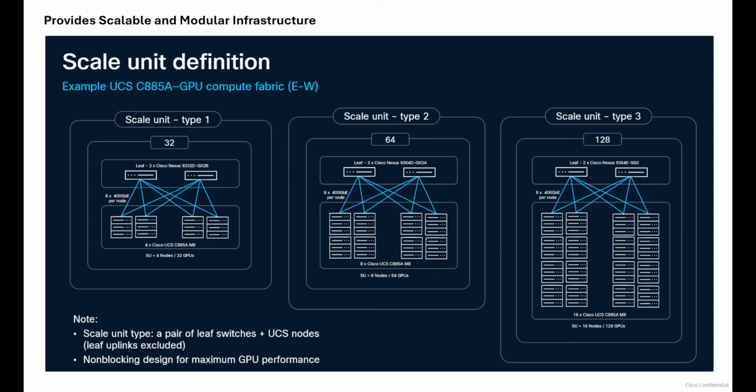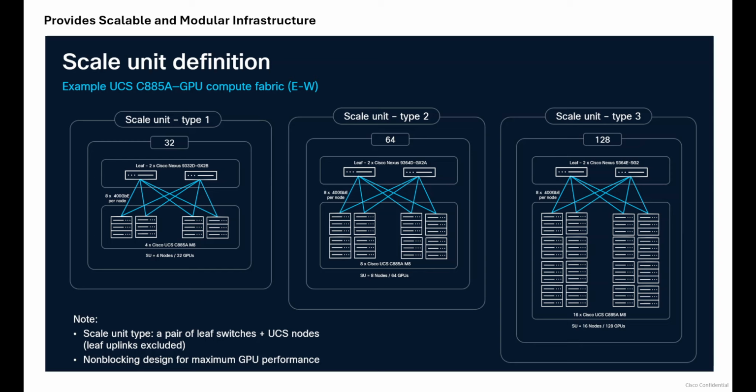And the reason for that, right, is because we're doubling the number of C885A boxes. And each one of those boxes requires, as it shows here, 8 by 400 gig per node. So there's a lot of connectivity going on between each one of these C885 servers and the upstream network devices, right? Which is why we need to increase the number of ports when we increase the number of boxes to deliver an increased number of GPUs.